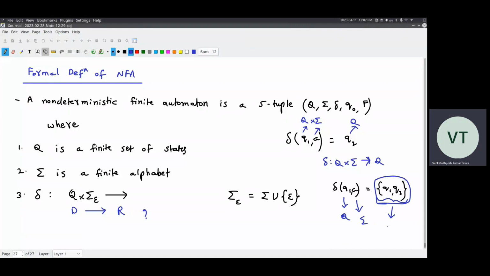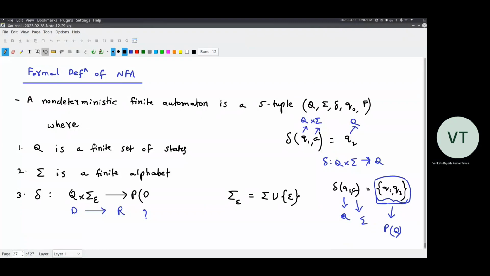It belongs to the power set of Q, because in an NFA, a given state and an input symbol map to a set of states. This set of states is nothing but a subset of Q. So what is that set which has all the subsets of Q as its elements? That is the power set of Q. So the range is power set of Q.